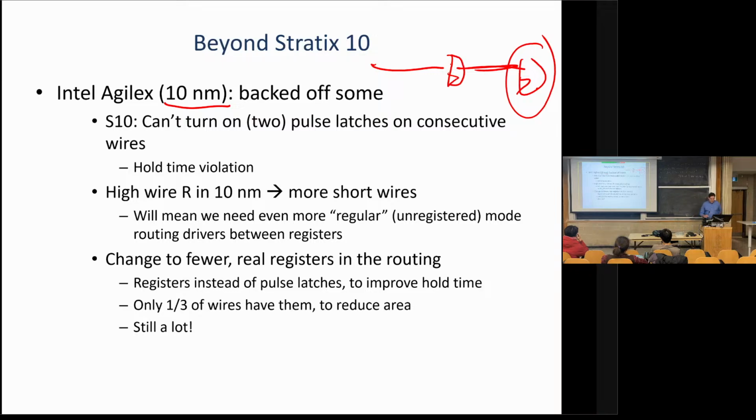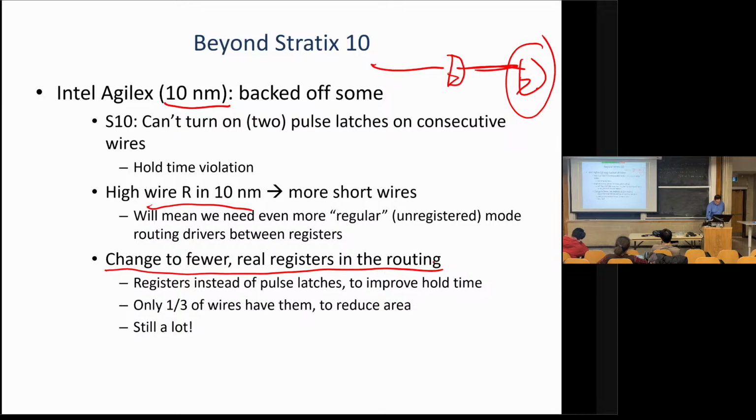On top of that, when they went to 10 nanometers, the wire resistance went up, which meant Agilex uses more short wires. More short wires means more routing drivers, which means that you're going to get even more registers, but you found you couldn't use them all before. So what they did is they basically said, okay, well, maybe that was too far. We're not going to use as many registers.